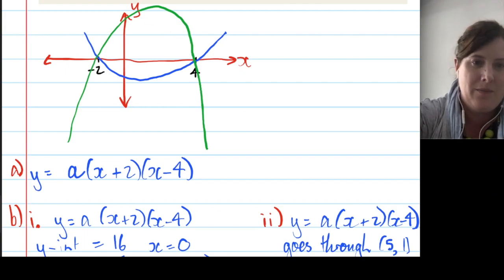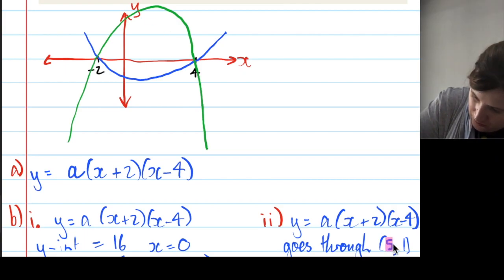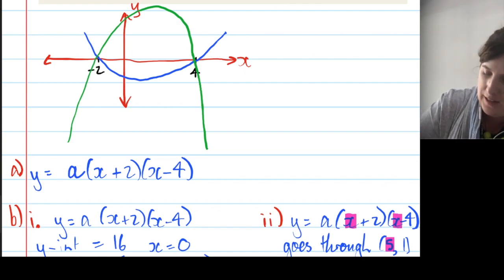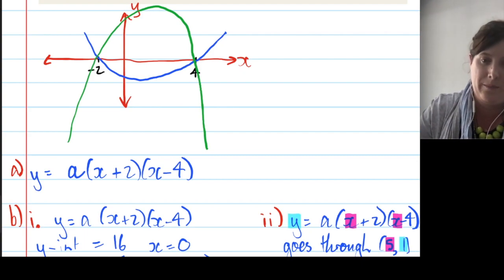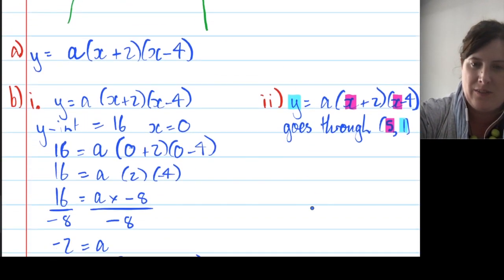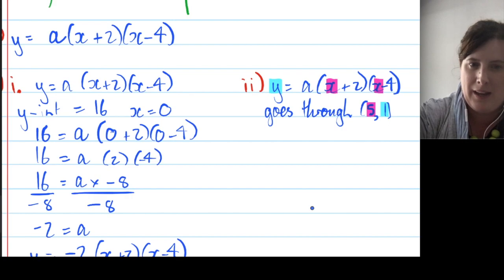So I know that the x coordinate is 5. This is just one point along this graph, by the way. I'm just using this as a handy point because they've given it to me, why not? And the y coordinate comes out as 1. So I'm substituting those in, and I'm going to find out this value for a, and then I'm going to be able to write down the equation just like I did on the left.